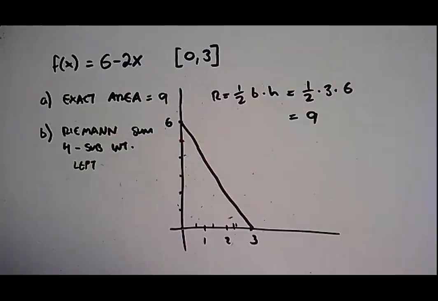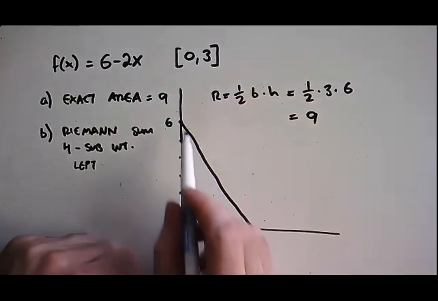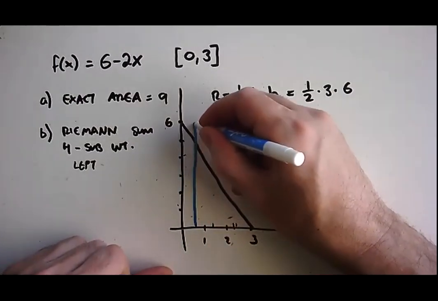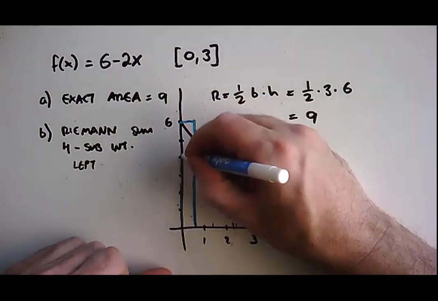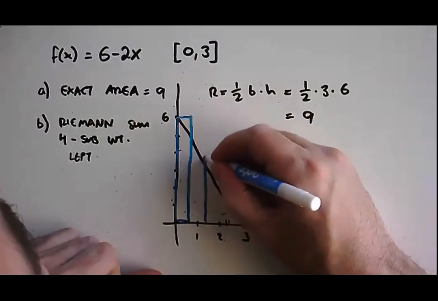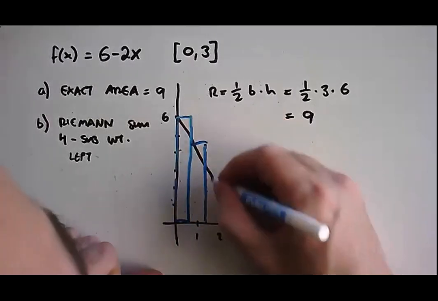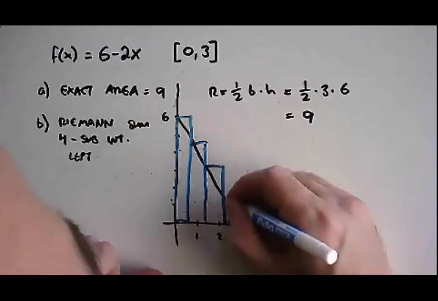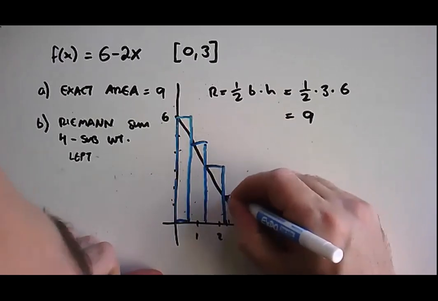I'll color code what I'm doing here. We're going to use the left-hand side of each one of these rectangles to calculate the height. So here's our first rectangle. Here's our second rectangle. Here's our third rectangle. And here's our fourth rectangle.